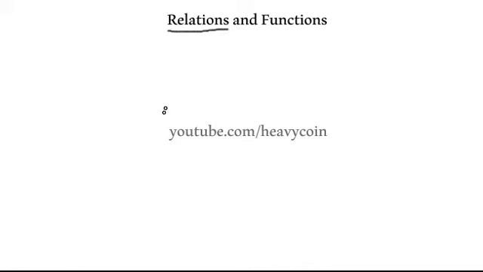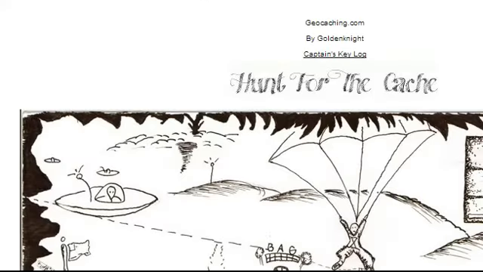I draw treasure maps, and I highly, I guess you could say, rely on this concept when I'm trying to write a coded message. And I'm just going to bring up my treasure map for the heck of it.